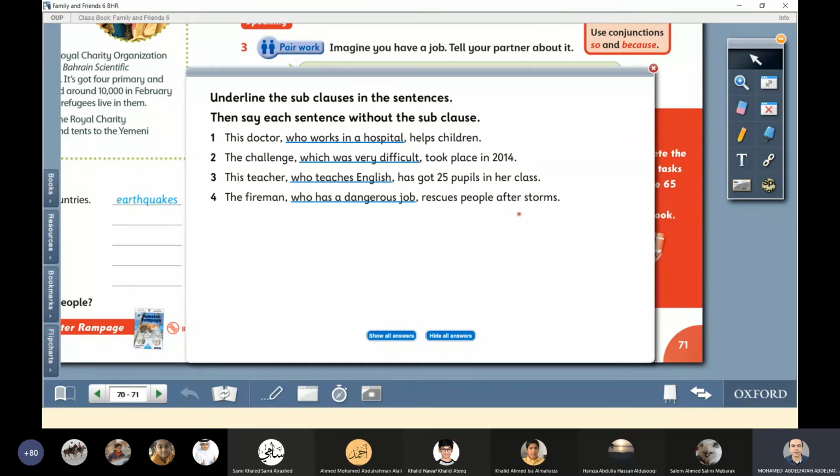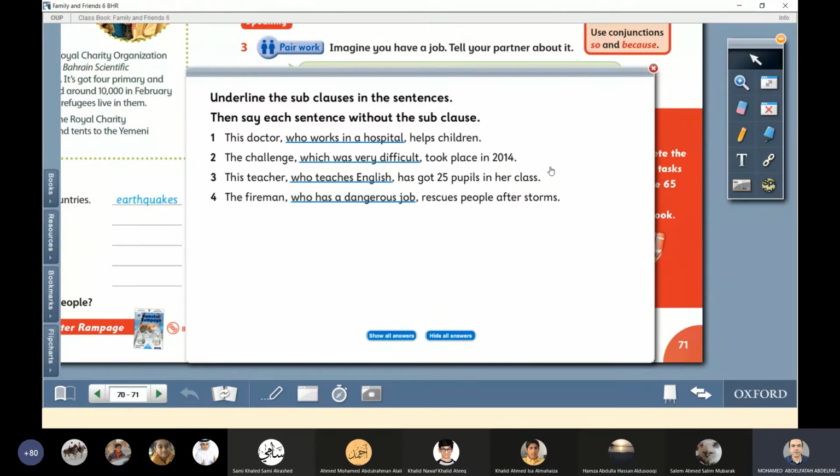So students, from today, you have to use subordinate clauses in your writing and in your speaking. Try to add more details using the relative pronouns and the subordinating conjunctions, which are who, which, that, when, where, because, so, and, or. All these words are used to add information, to add details to your sentences.